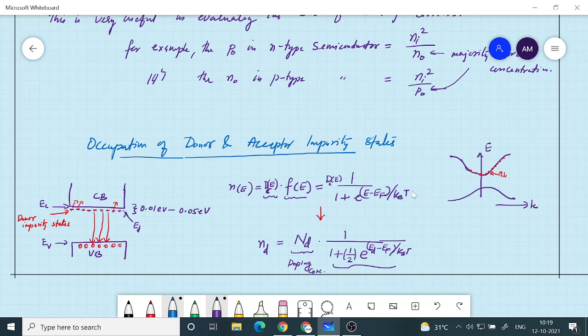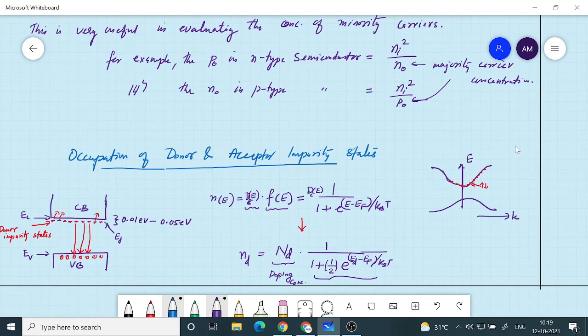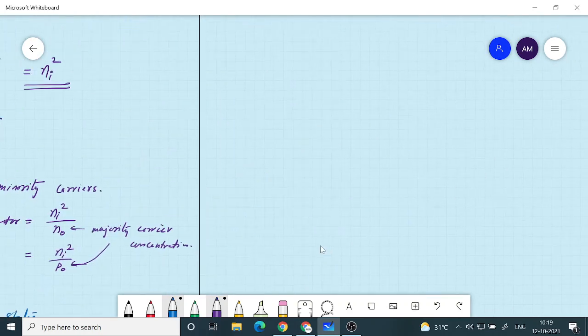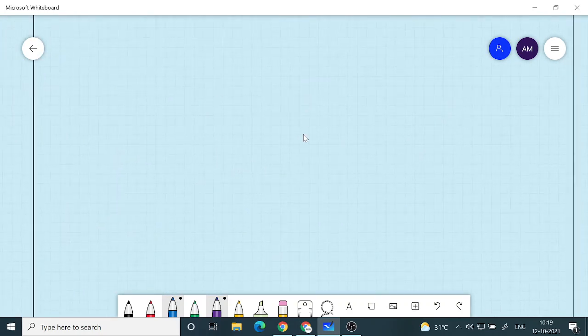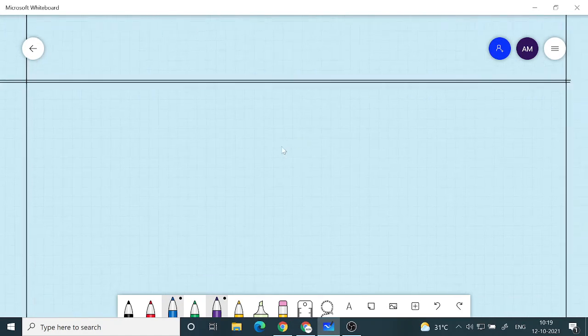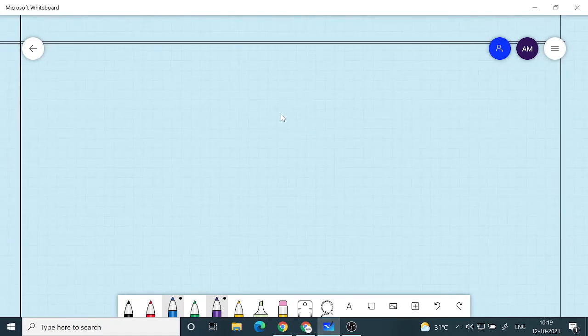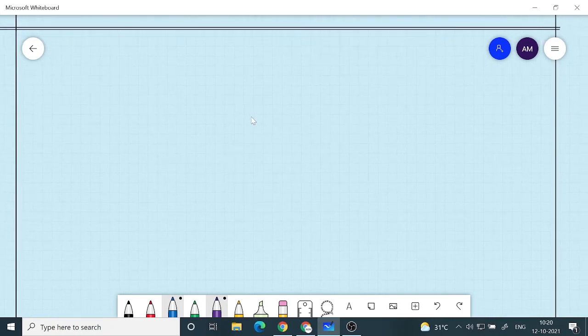So Nd gives the number of states that are going to be filled in the donor energy level. There are many states available, one from each of the impurity atoms. Out of that, how many are going to be filled? So that fraction of states which are going to be filled, we need to find out.